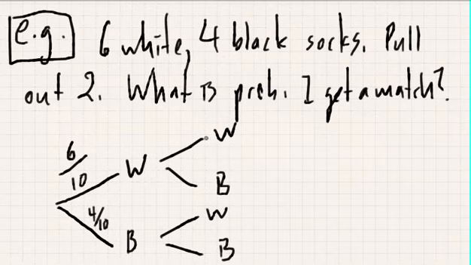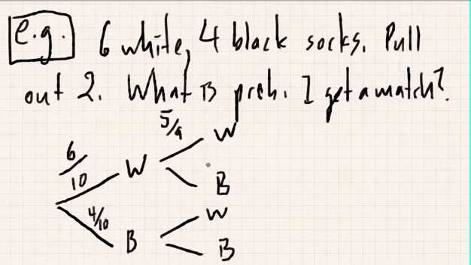Over here, in the second set of branches, I'm going to write the conditional probabilities. Assuming that I've picked a white sock, what is the probability that I choose another white sock? There are 5 white socks left and 9 socks altogether, so the probability is 5/9.